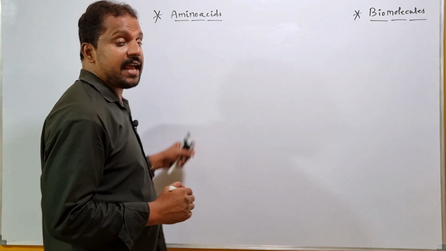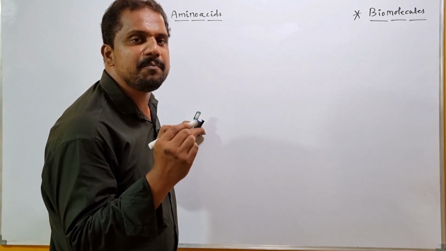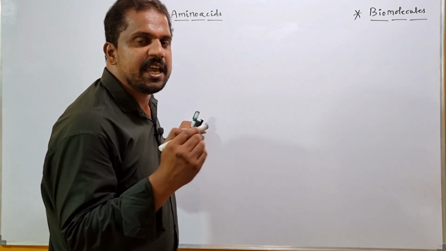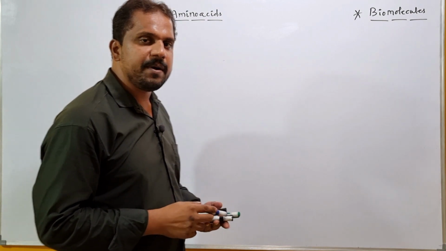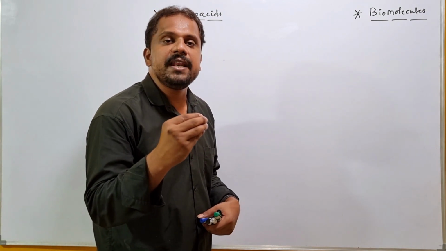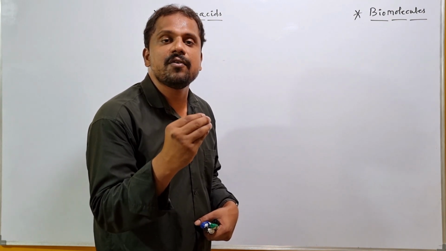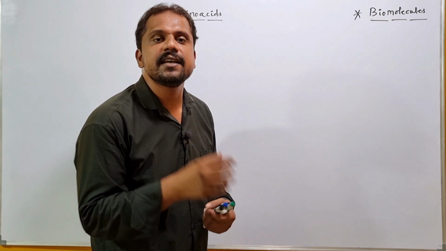If we consider amino acids, what are they? Amino acids are the building blocks of protein. Is it clear? If we consider one specific polypeptide chain or protein, it contains many amino acids. Once many amino acids undergo aggregation, it leads to the formation of one specific polypeptide chain or protein.